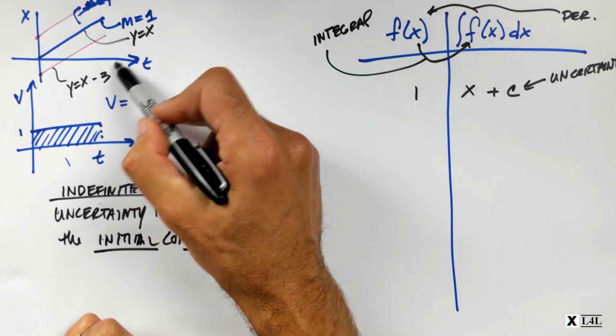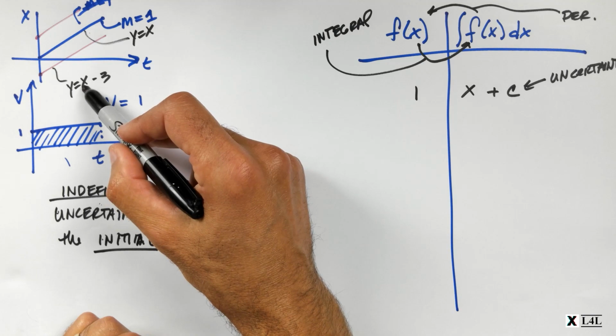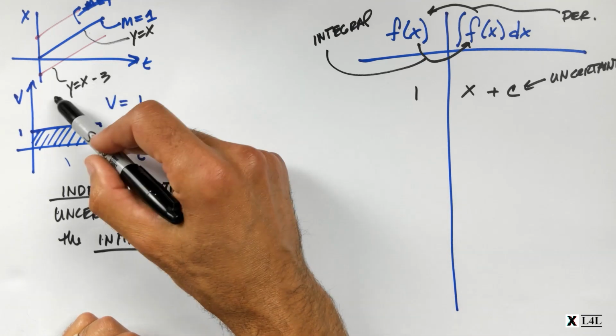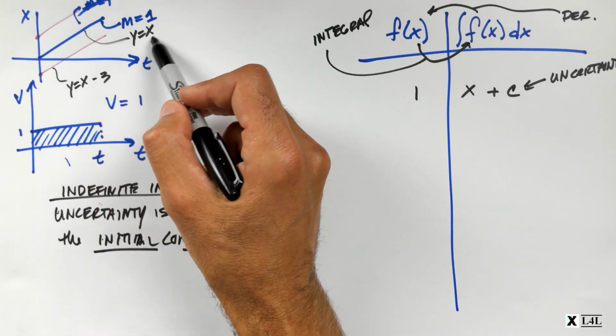Right? When we talk about this, what is this constant here? Well, it's the initial starting position. If x, in this case the x value is time, is 0, then your starting position would be -3, or your starting position is 0.